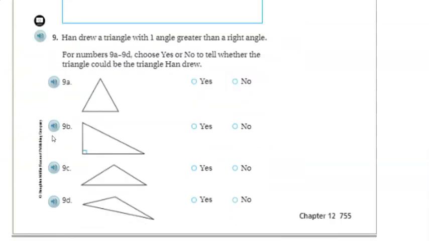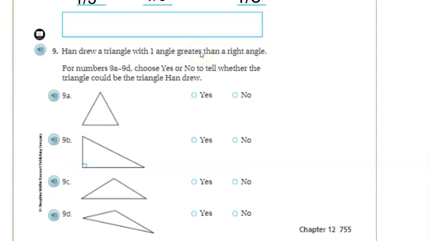For number 9, Han drew a triangle with one angle greater than a right angle. For numbers 9A through 9D, choose yes or no to tell whether the triangle should be the triangle that Han drew.